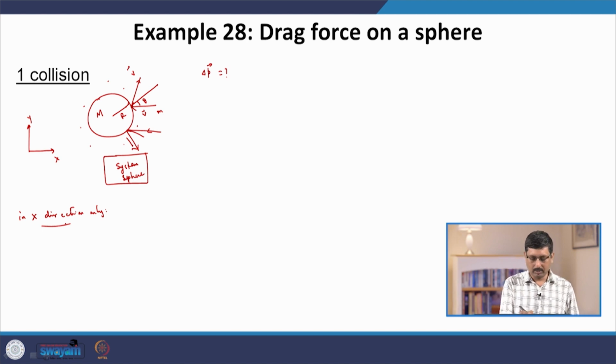So, let us first look at the change in momentum of the particle. For the time being, let us say our system temporarily is one fluid particle.